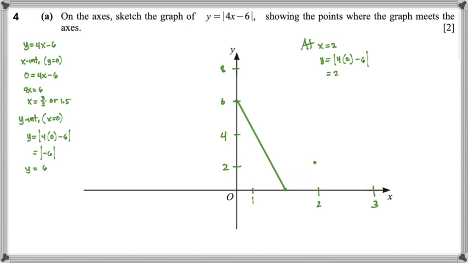So you can have around here. It's not a perfect absolute V graph. So maybe the point is around here. Okay, something like that.